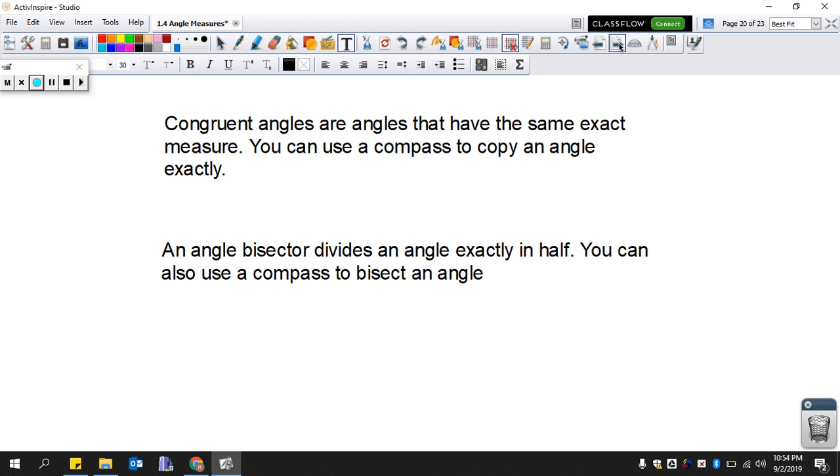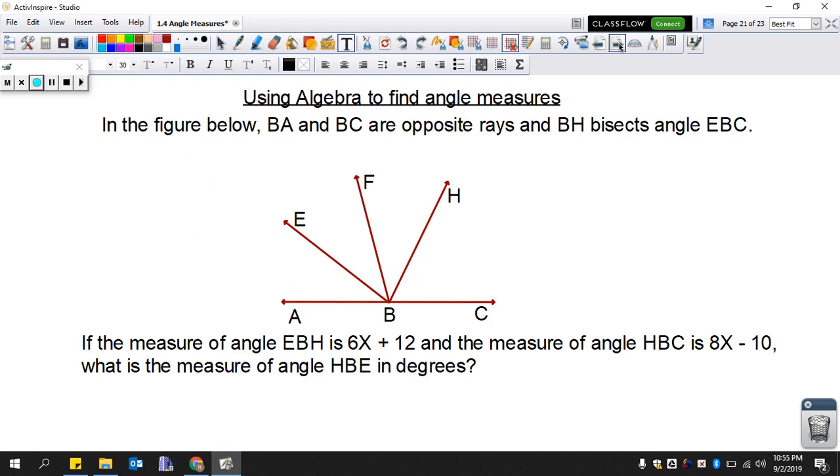I'm not going to show you how to do it on this video. An angle bisector divides an angle exactly in half, and we can also use a compass to bisect an angle, which we'll do. But it's important to know what congruent and bisector actually mean, especially bisector.